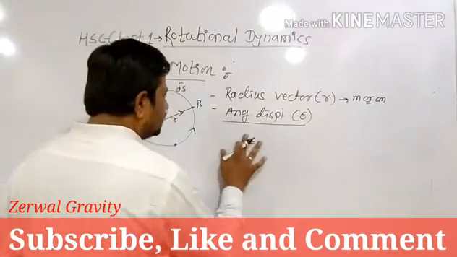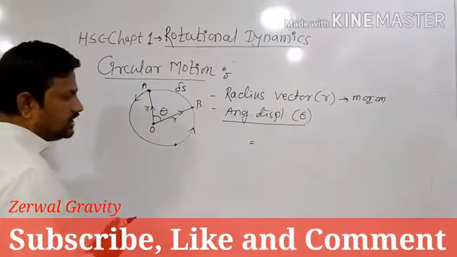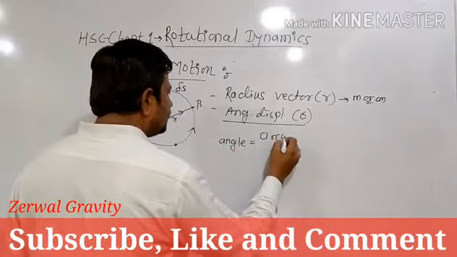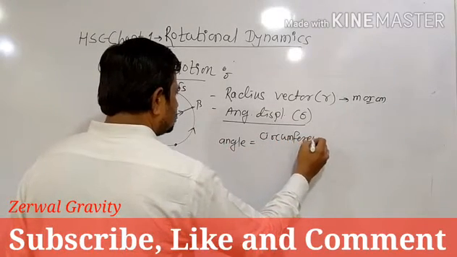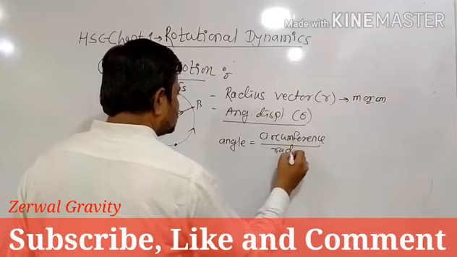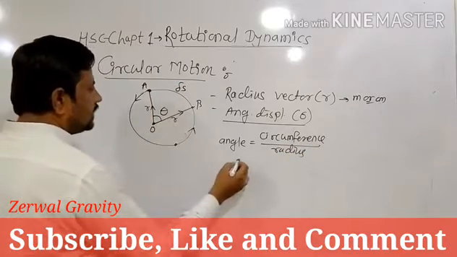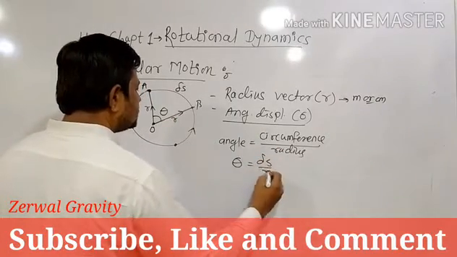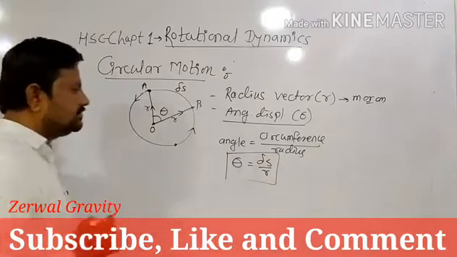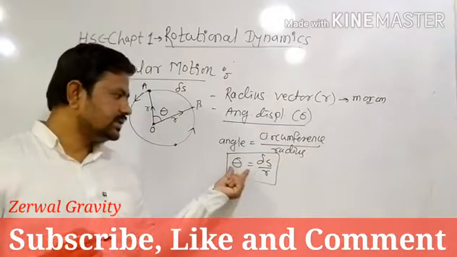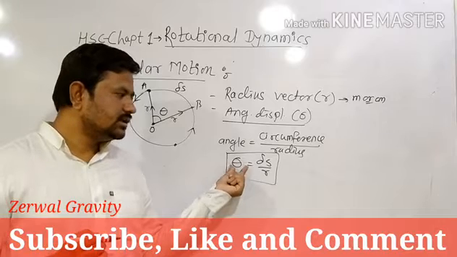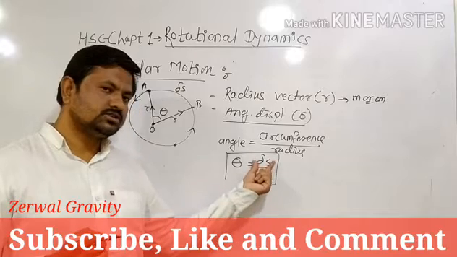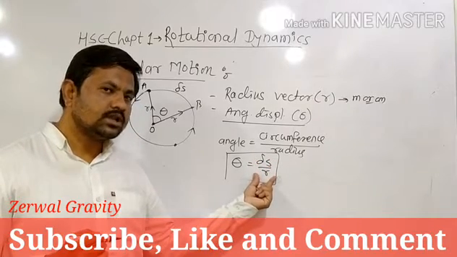In the 10th standard, you already learned the theorem that angle is equal to arc length upon radius. Here the angle is theta, the arc length is delta s, and the radius is r. So you can make the simple definition: theta, that is angular displacement, is equal to linear displacement upon r.